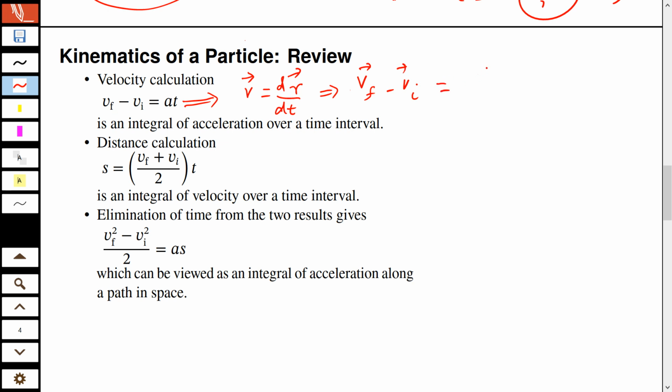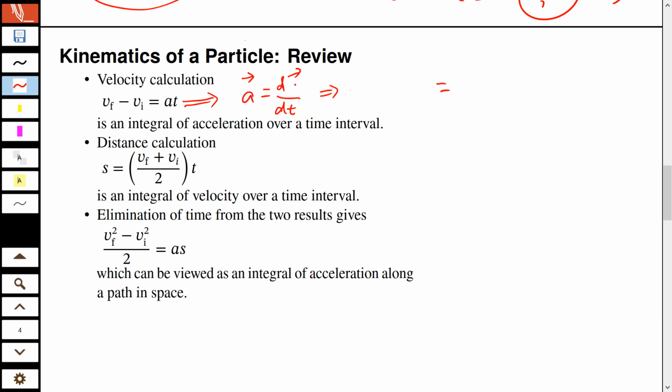Sorry, this is wrong. I think the equation I wanted to have in mind was not this one. It was this one: the acceleration.